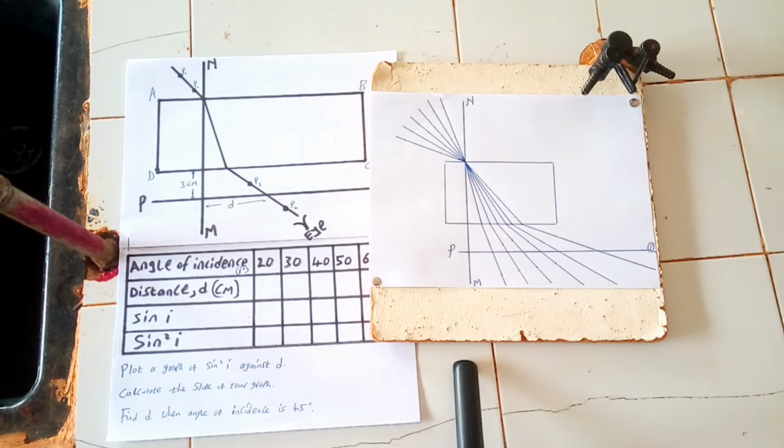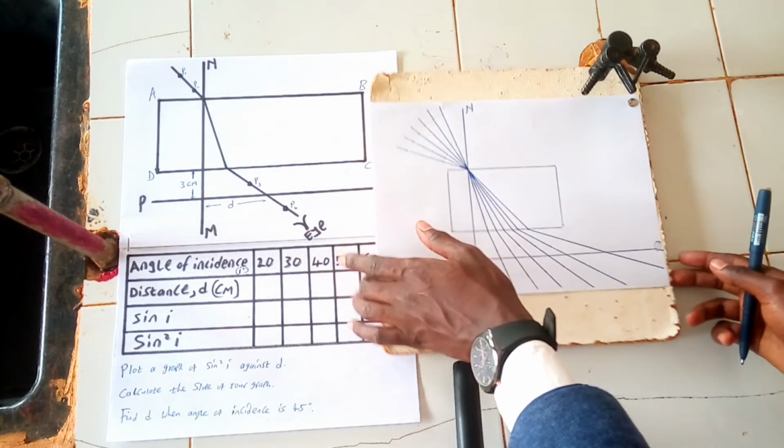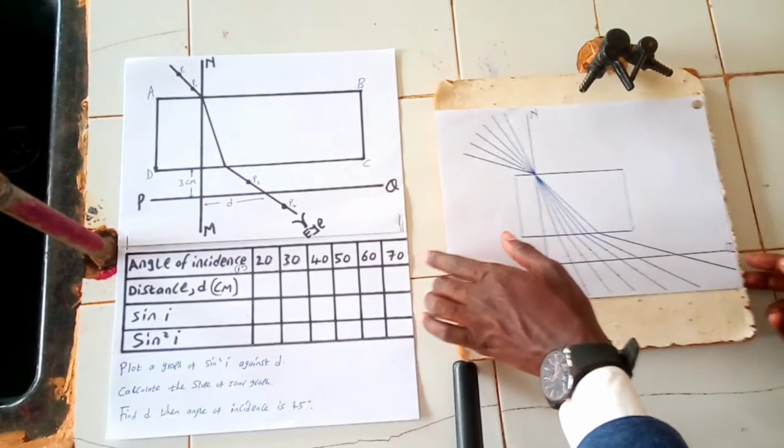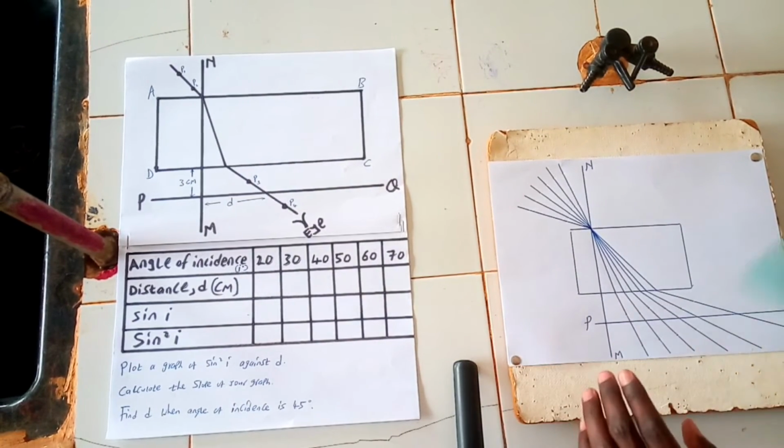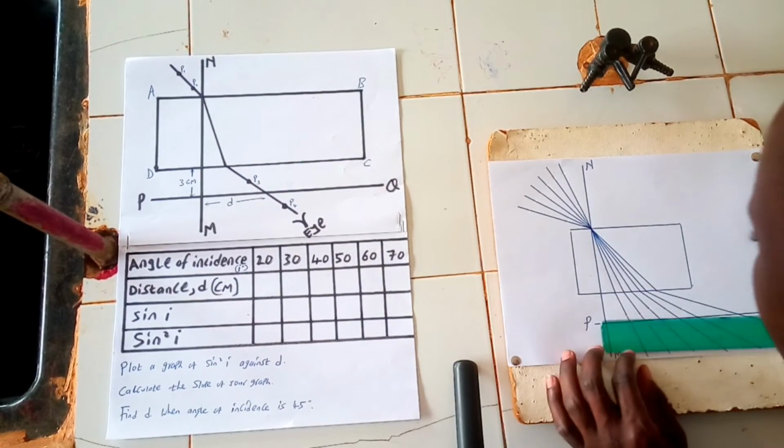So we are now taught to measure those distances and fill the table. To measure those distances and fill the table, again I can measure all of them at once as I record the table. So I'll just place it there.